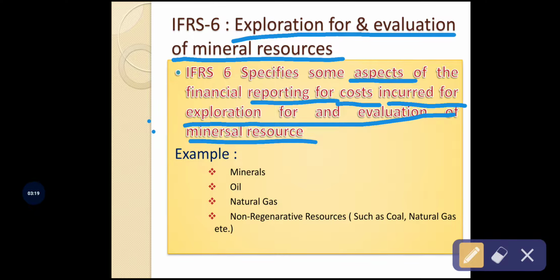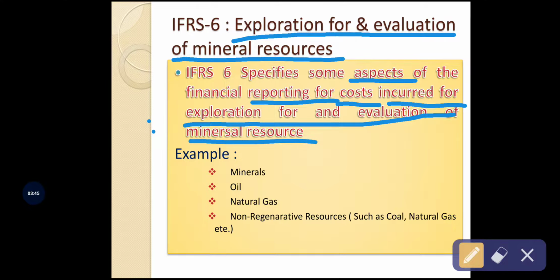Now, what do mineral resources mean? Assume the organization is engaged in the exploration of mineral resources, such as gold, iron, silver and the like. It will definitely generate income for the business organization.